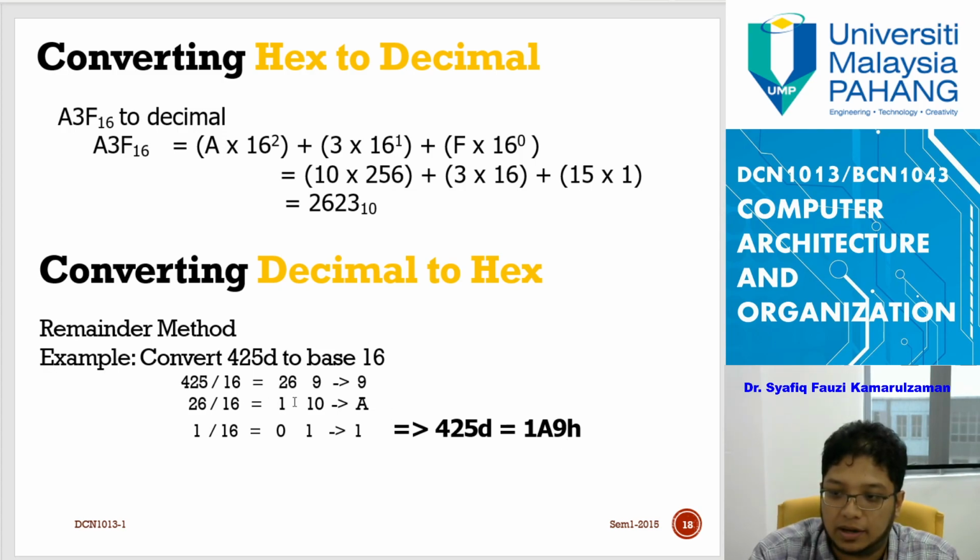And then the 26 will be pushed down and divided again with 16, which is equal 1, where the remainder is 10, which is equal to A. And then you pull out the A for the next digit. And then the last one, 1, you push down 1 divided by 16 equals 0, which is you have the remainder 1, and you pull out 1 as the last digit in the hexadecimal.